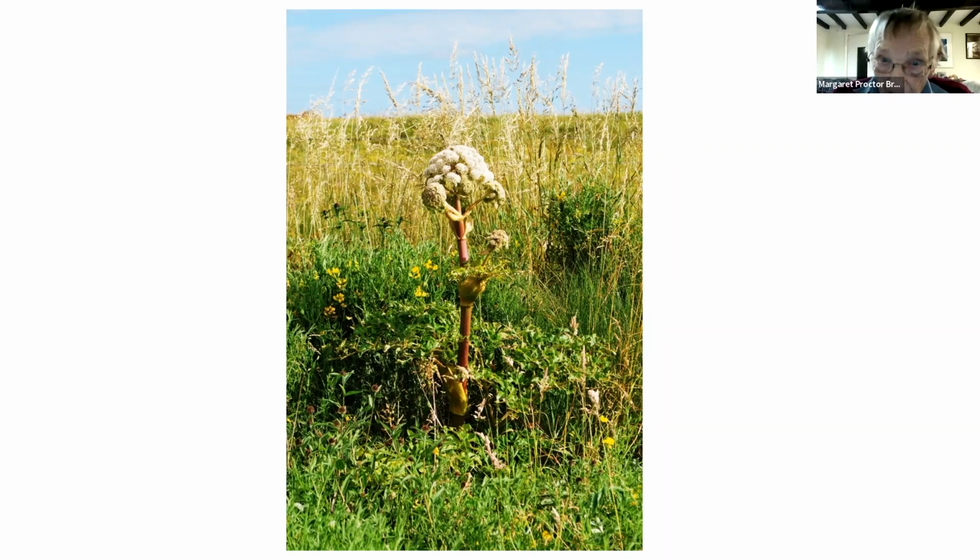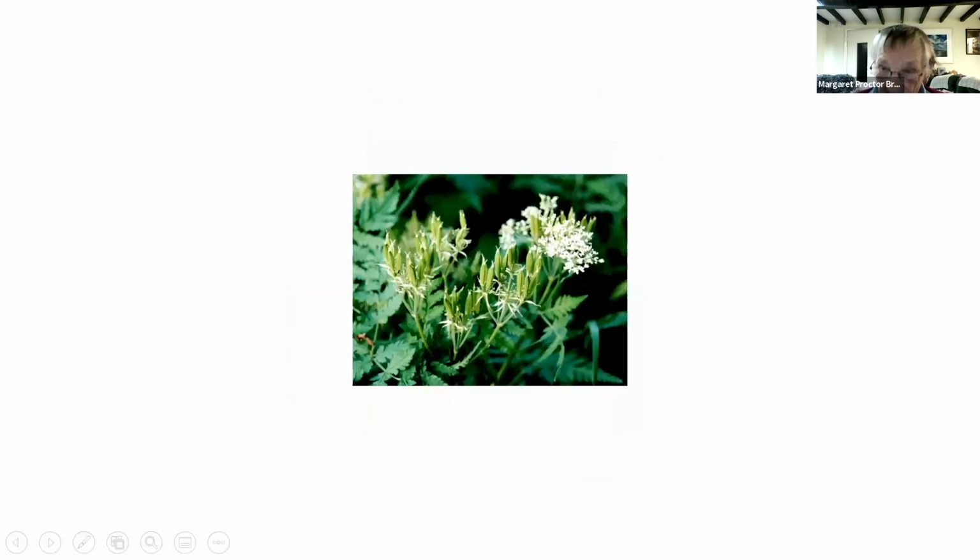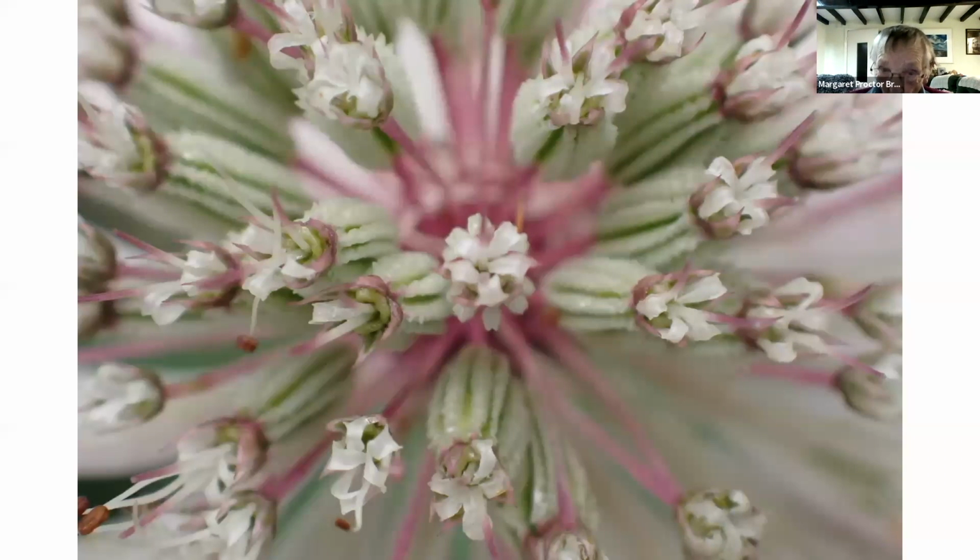But as you get to the outer part, the outer 3 are larger. On something like hogweed, the ones around the outside of the umbel will be larger, so it's almost mimicking a single flower head with ray florets on the outside, wide ones like a daisy, and small ones in the middle.